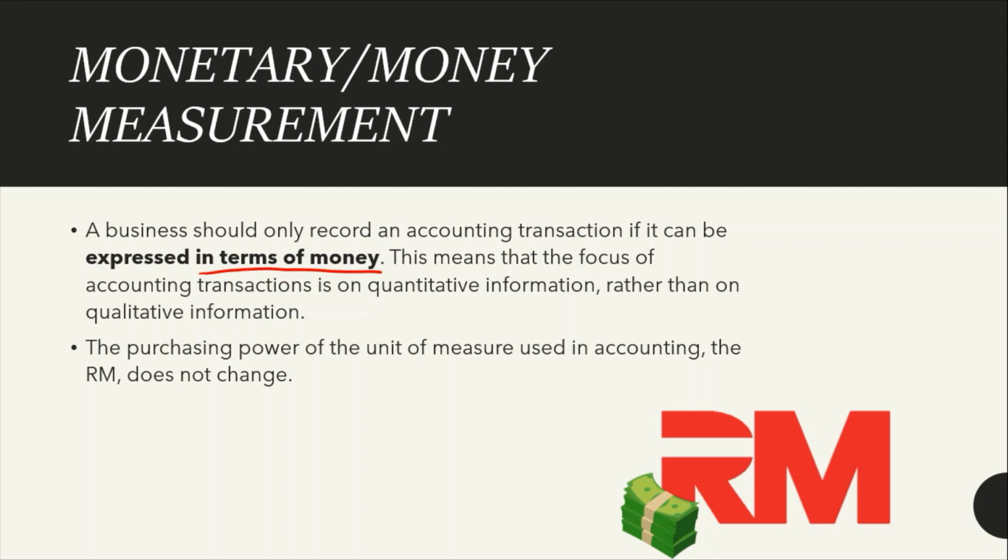So this assumption states any transaction that can be recorded in terms of money will be put in the report. Only the transactions that can be reported in terms of money. And for Malaysia, our term would be RM. Any transaction in RM, any that can be changed into RM, will be reported in the financial statement.